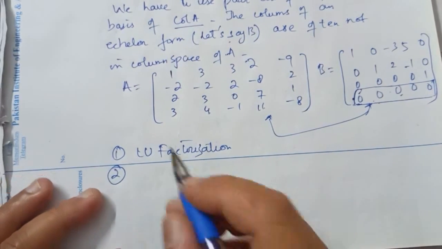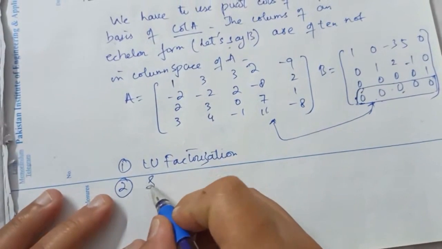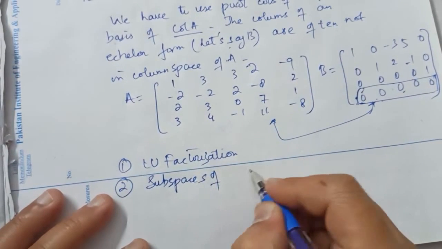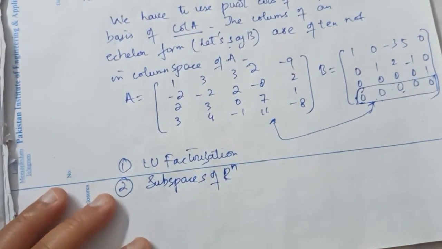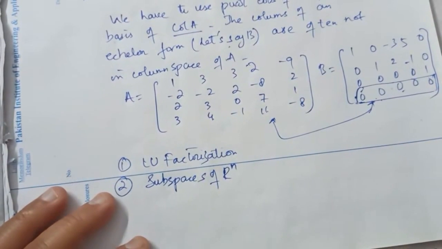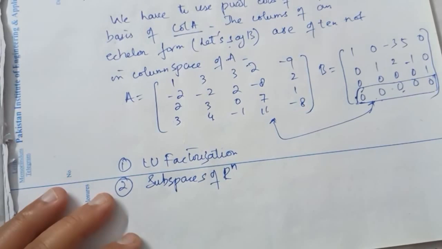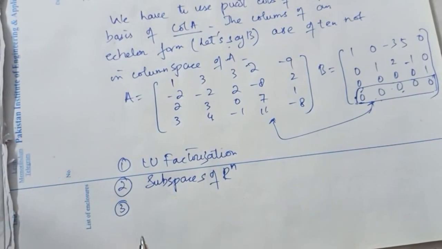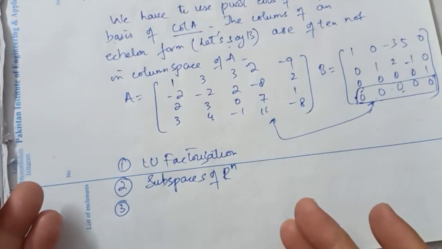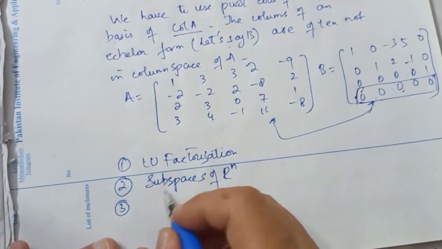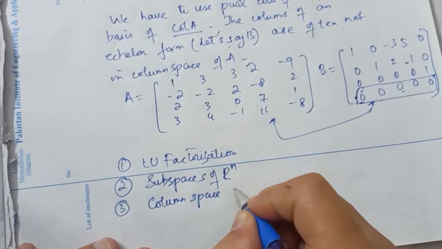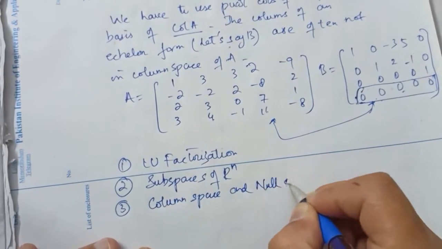Similarly, we have defined the subspaces of Rn, and then we have discussed the properties of the subspace, and then we have defined the subspaces corresponding to a matrix, which are the column space and the null space of a matrix.